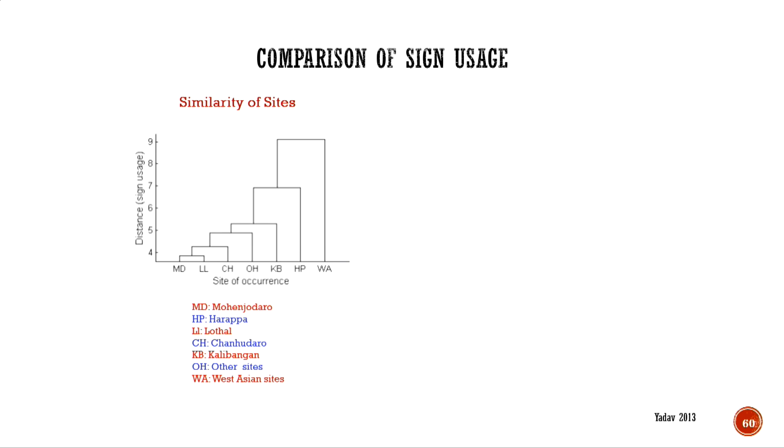West Asian sites, interestingly, come out as we saw in the earlier study also; they have a distinct usage pattern. Harappan seals were close to Kalibangan, for example, and proximity-wise also, Harappa is close to Kalibangan. So these kinds of interesting insights can be obtained from this study.